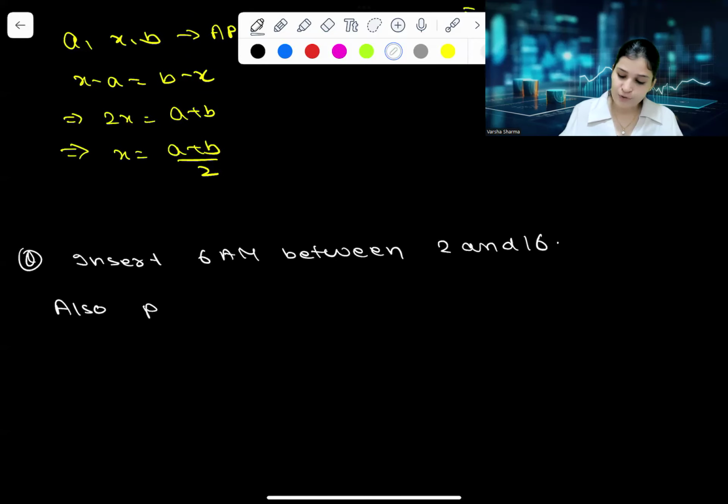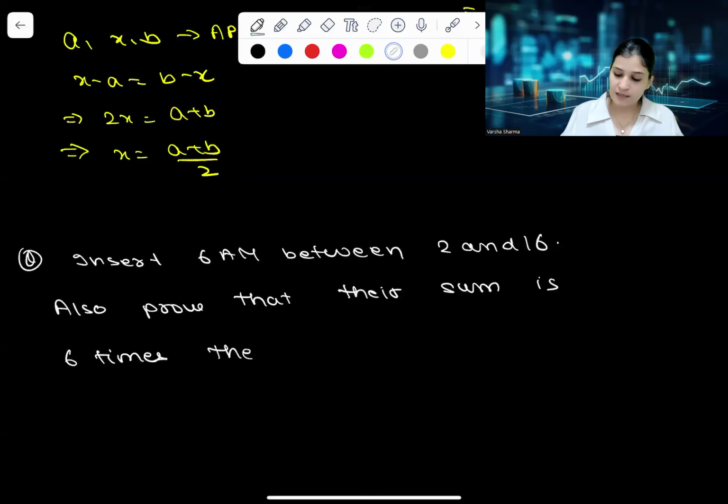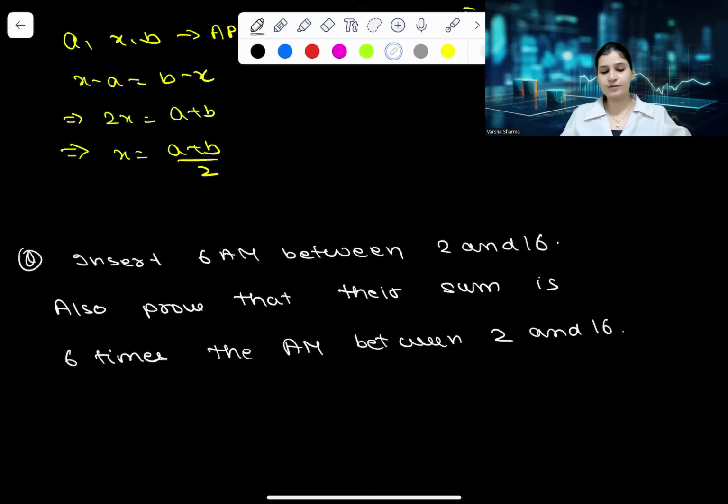Also, prove that their sum is 6 times the arithmetic mean between 2 and 16. You do the first part, the second part we'll do together. Do the first part.